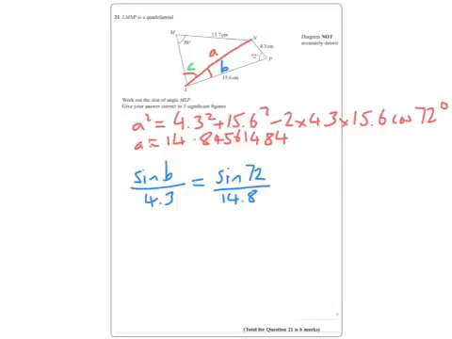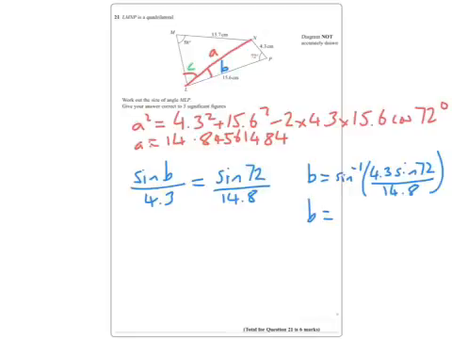Okay, rearrange that, you end up with angle B being sine to the minus 1 of 4.3 sine 72 over 14.8. Okay, so B is 16.04072 degrees.